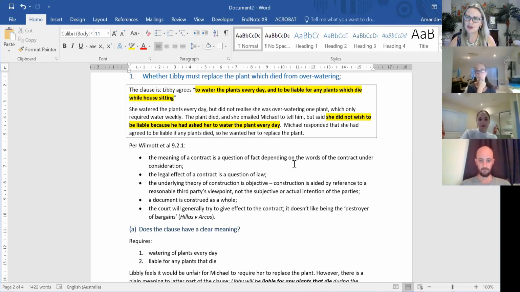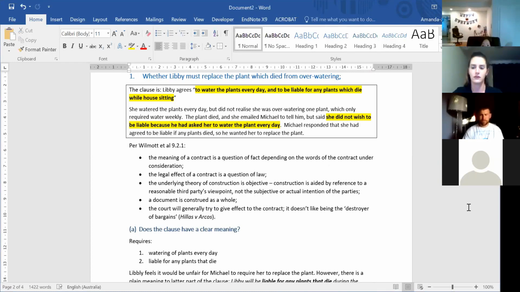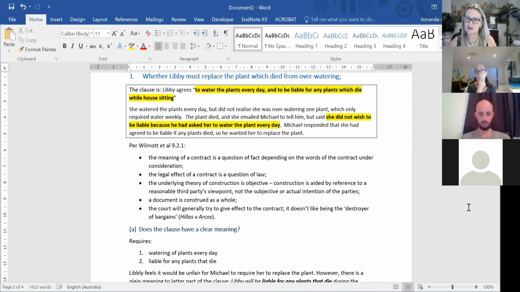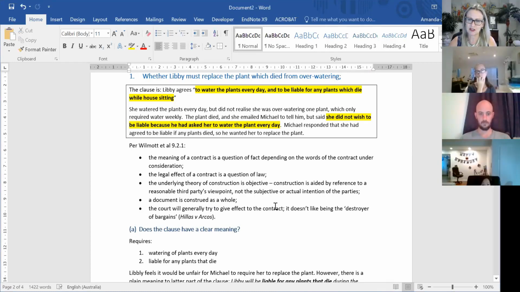But what I do like here is this nice little argument that Damien has introduced, because it throws up a very practical point about contract drafting. This is partly why I want to get an elective going, even though I know no one's going to take it, which teaches you practical drafting skills like this.